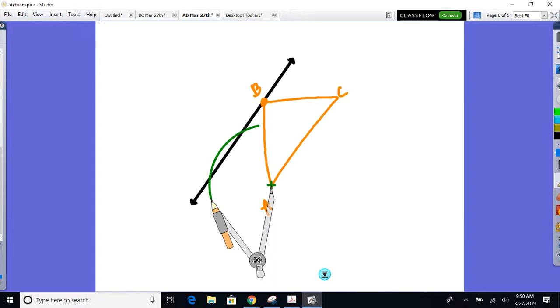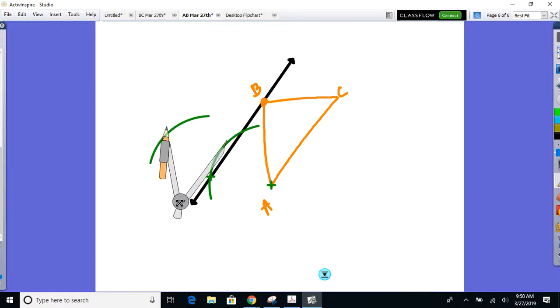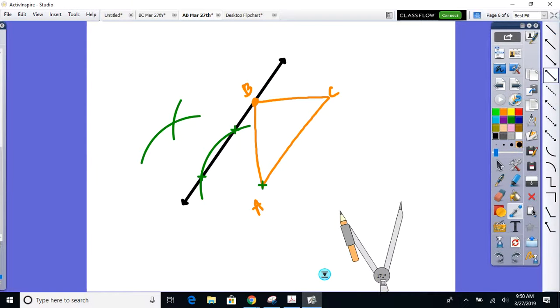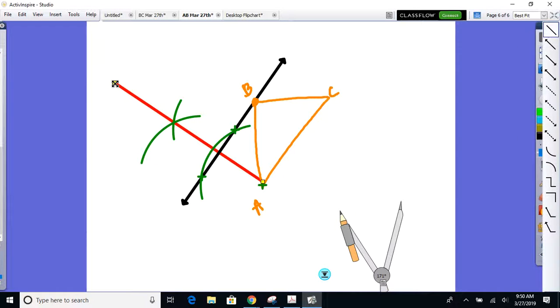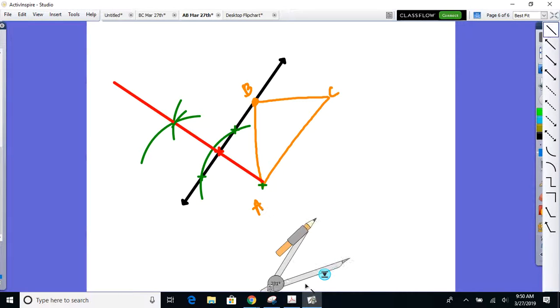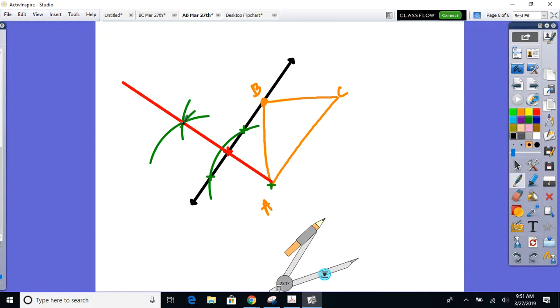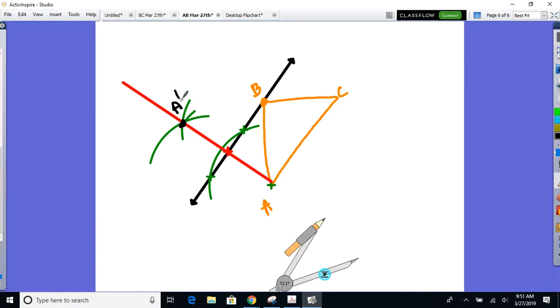You need to get a perpendicular line first, and then go to each endpoint, make the arc, other endpoint, make the arc, draw it through. When you reflect, what's preserved? Distance. So the distance from A to this line is the same from that point to A prime. Right there, that's where A prime is going to be. Then I do the same thing for C prime. So you make your perpendicular line from the point and copy the distances.